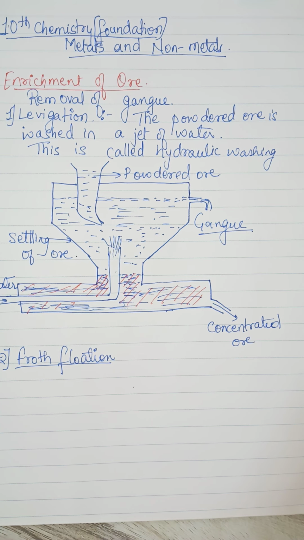And also when we blow air into the container, the oil is actually responsible for making the froth. So in this we are using the air blowing technique, and in your book, the 10th standard NCERT, you will find an agitator used.